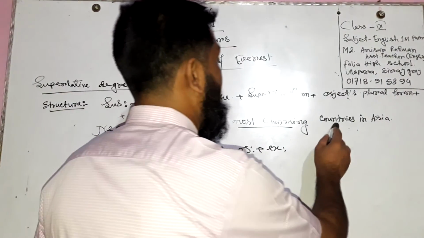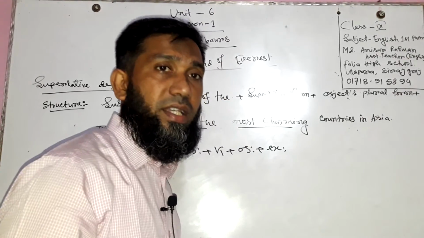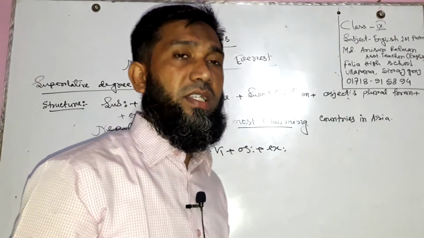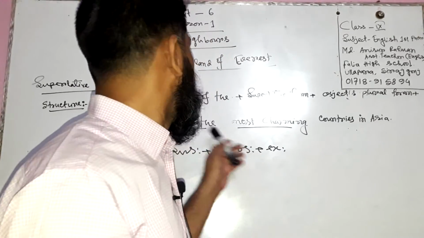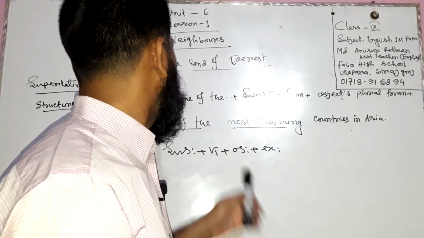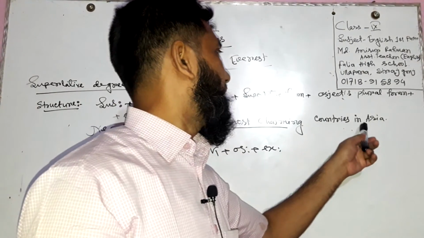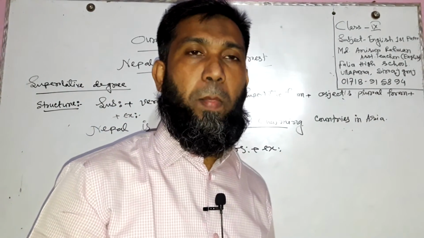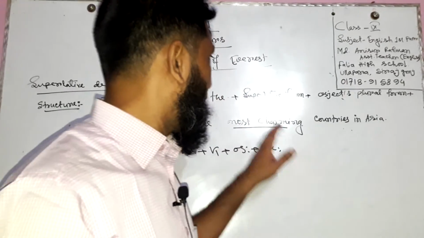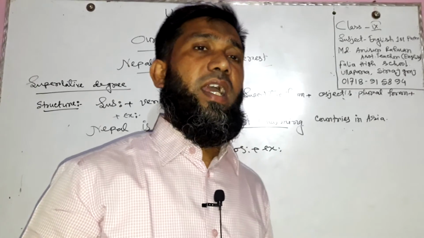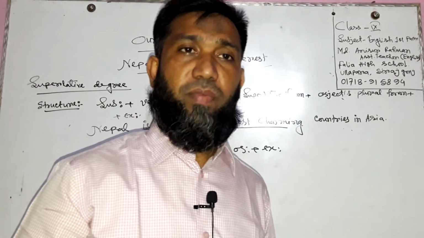And then the object: country is singular, so the plural form of country is countries. Here: Nepal is one of the most charming countries. Then extension, in Asia. That's fine. The superlative degree is also followed to write this passage, and present indefinite tense, in both active and passive forms.